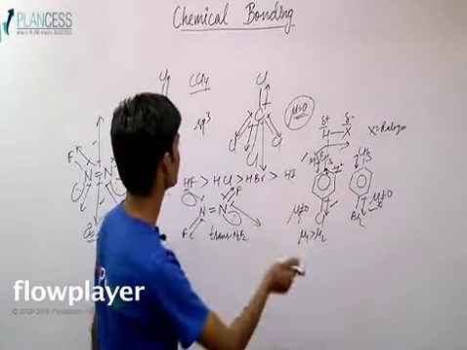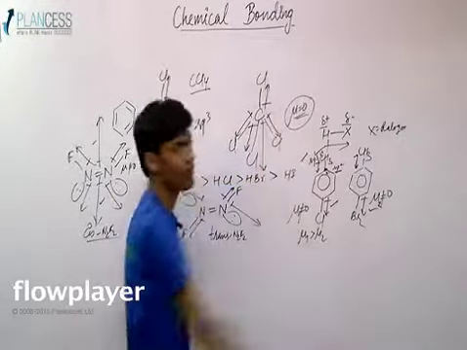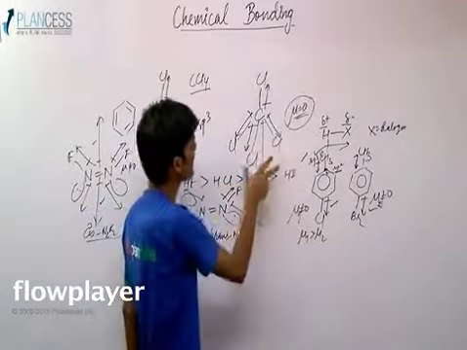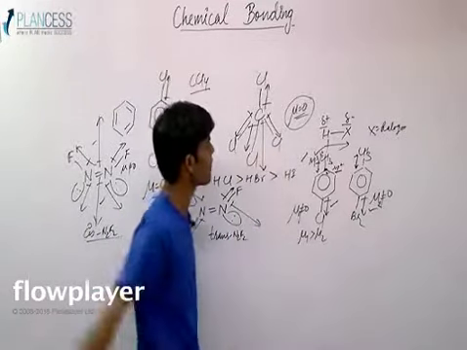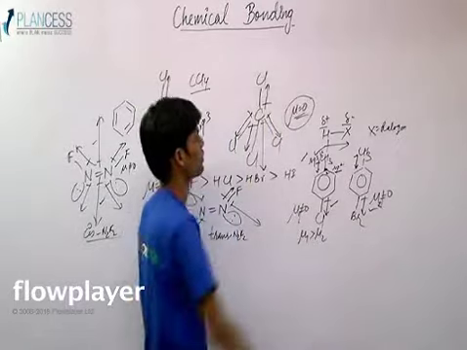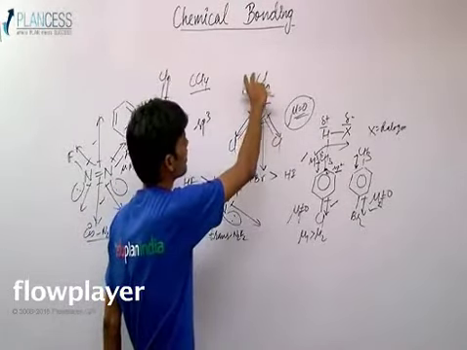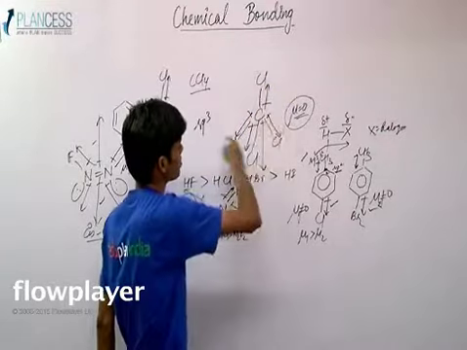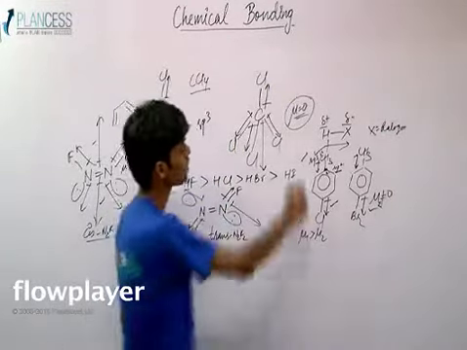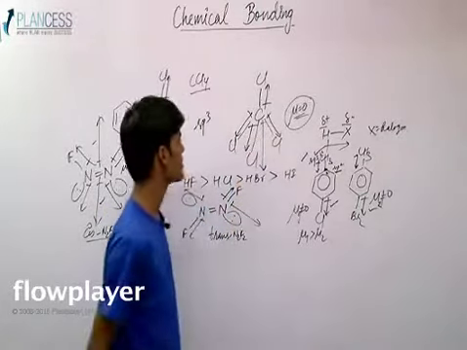So if a compound contains a polar covalent bond, but on the whole the dipole moment comes out to be 0, this indicates that it is a symmetrical molecule. However, if it contains a polar covalent bond and mu does not come out to be 0, then it has an unsymmetrical structure.